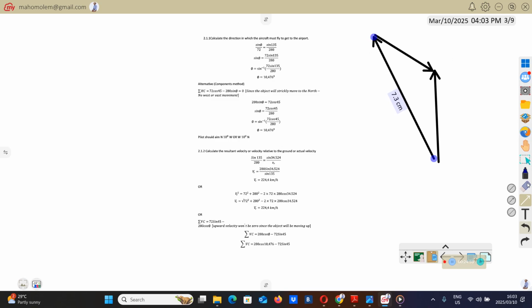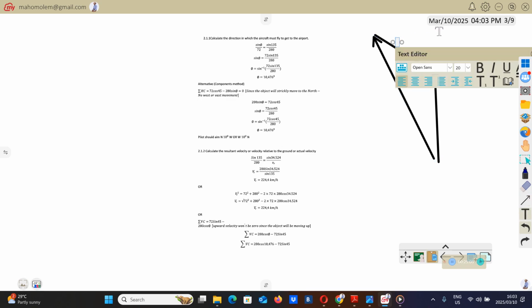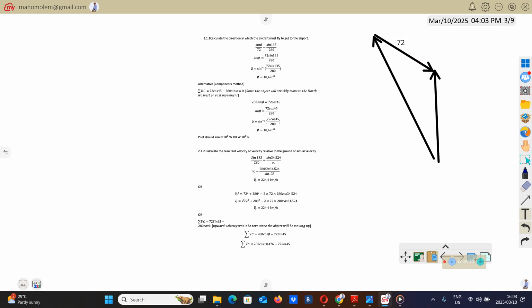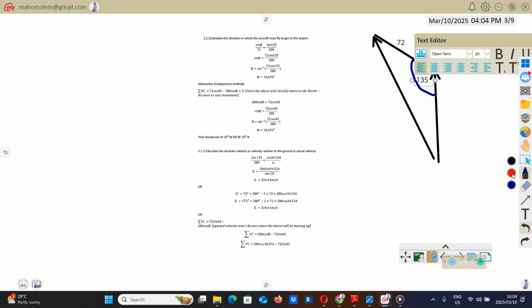Now this one represents the wind. That wind is blowing with the speed of 72. We know this angle here is 135 degrees, as I've explained before. So actually now we're looking for this angle here.